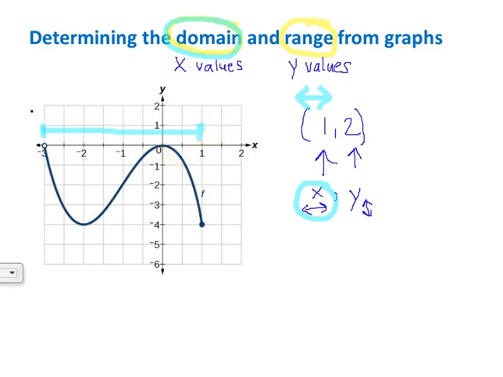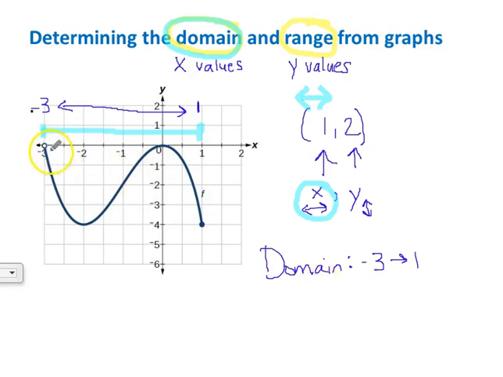We can see that our x values can range from -3 all the way to +1. So our domain can be anywhere from -3 to +1, but we need to write this in correct math notation. Remember, we've got an open circle here, so let's use an inequality and use better math to describe this.